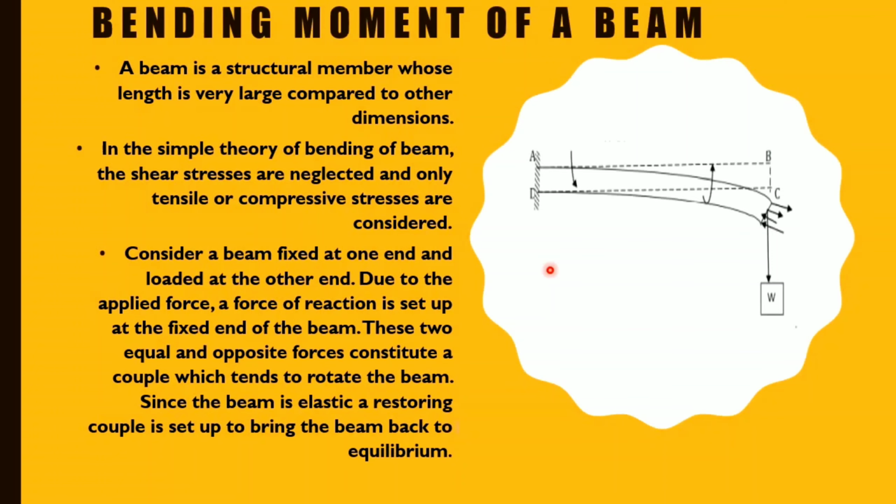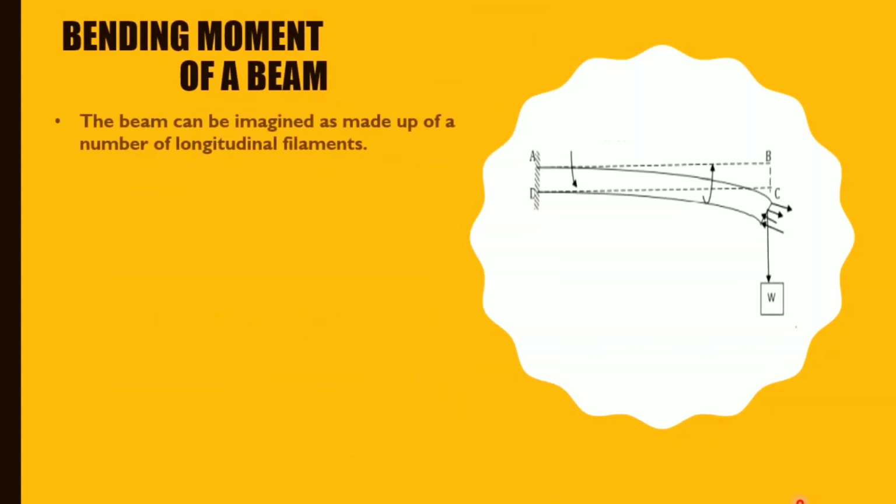Elastic means that whatever deforming force you apply, after the deforming force ends, it comes back to its original shape. So due to that, here also the beam comes back to its equilibrium position. Now let's move on and see what happens.